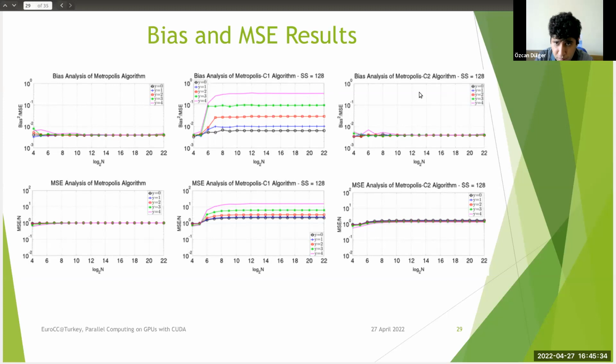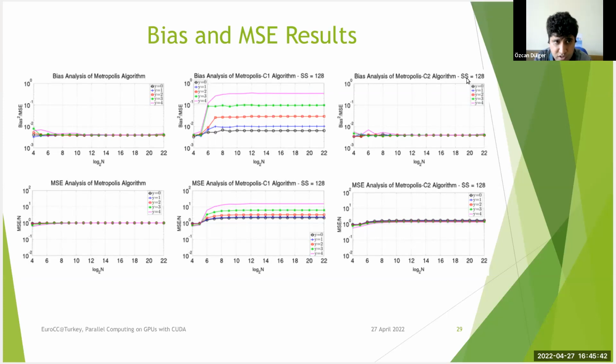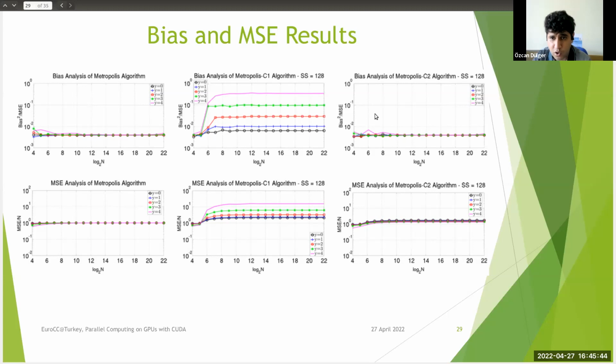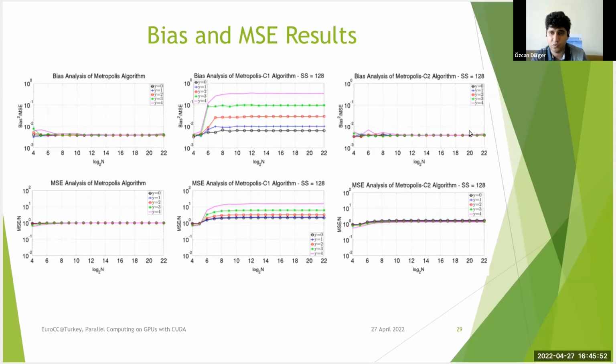But for the Metropolis C2, where the segment size is 128, we achieve similar bias to the original Metropolis, because even if the S segment consists of one segment, we select a new S segment at each iteration of the for loop.